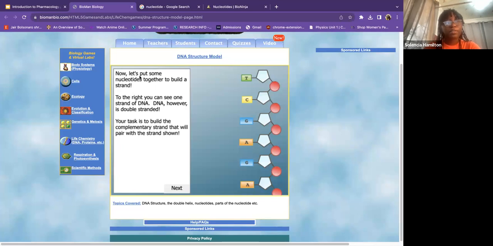So now let's put some nucleotides together to build a strand. So remember what we said before, that these nucleotides will combine to form the DNA molecule itself. Okay, so to the right, you can see one strand of DNA. DNA, however, is double-stranded, which is why we say DNA has a what type of structure?